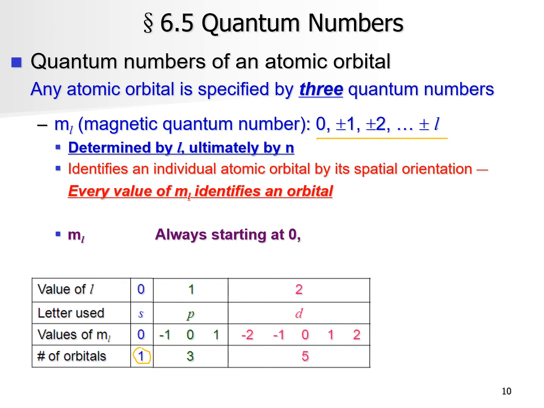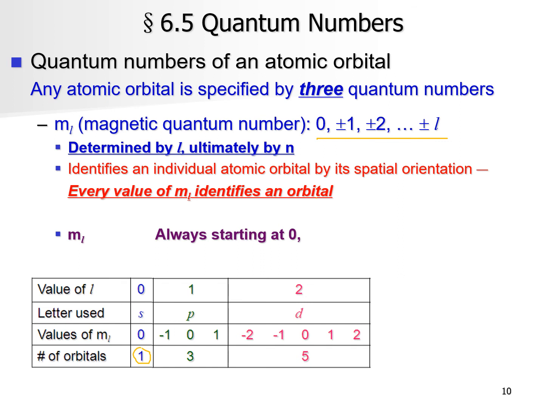If l equals 1, the letter we pick is p. Now we get 3 different values of m sub l, because we have 0, and since l equals 1, plus 1 and minus 1 are also allowed. Three different values of m sub l means 3 different orbitals.